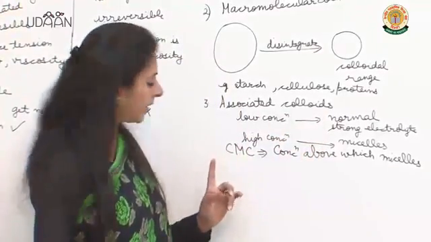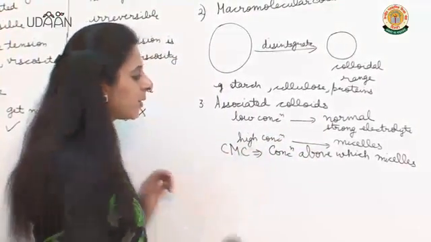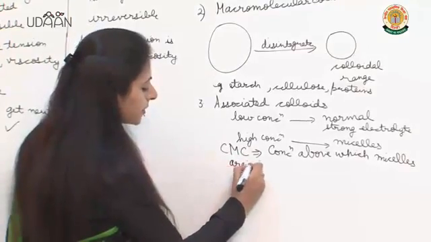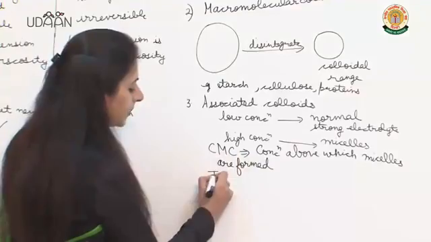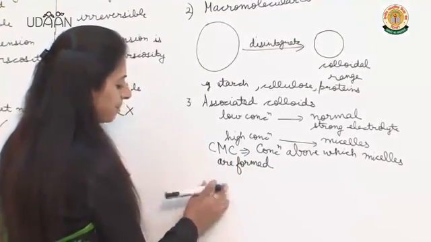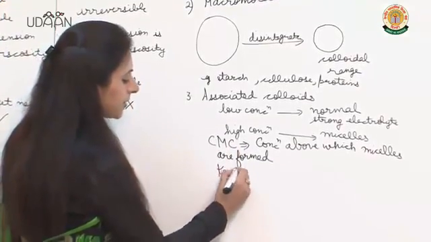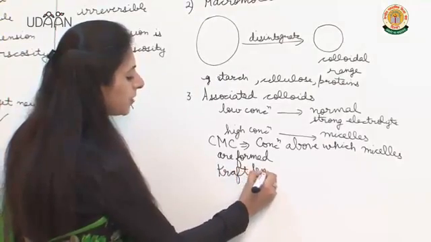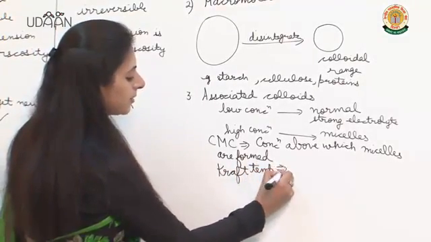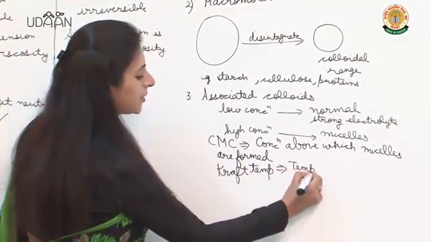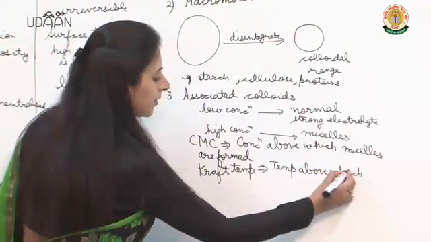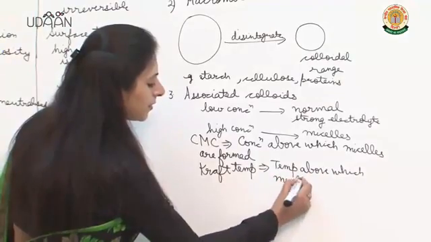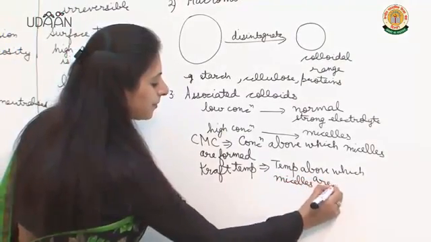So the concentration above which micelles are formed is known as critical micelle concentration, and the temperature above which micelles are formed is known as Kraft temperature. So this is the temperature above which micelles are formed.